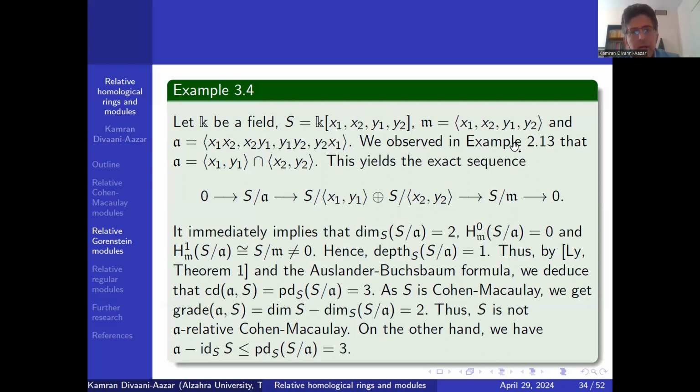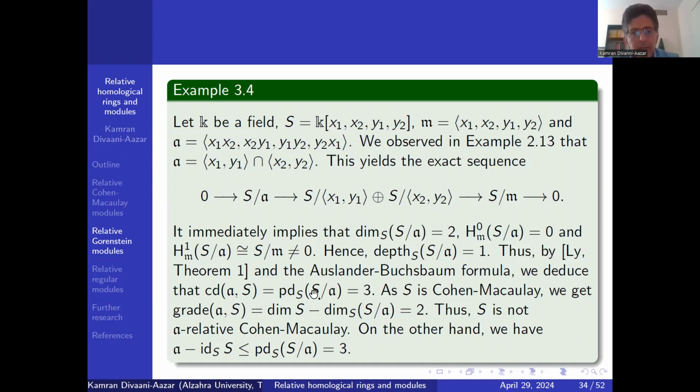We saw in Example 2.13 the minimal primary decomposition of A. From this we get this short exact sequence, from which we can deduce that the dimension of S/A is 2. This local cohomology is 0, and the first local cohomology of S/A with respect to m is not 0. So the depth of S/A is 1.